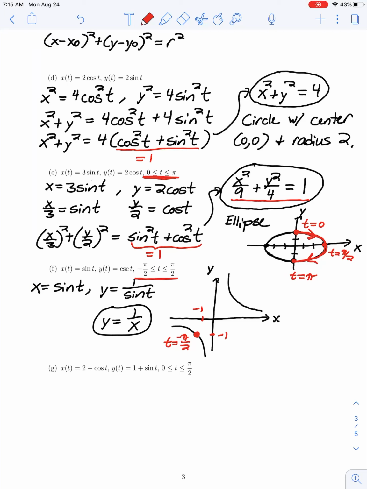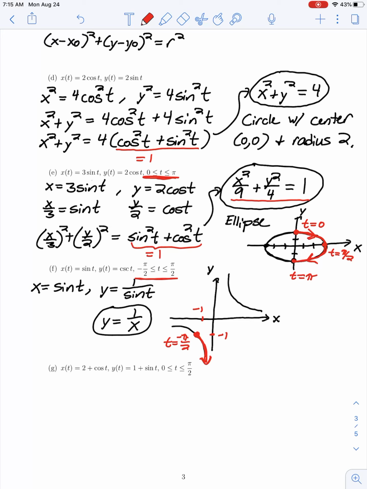And as t starts to increase from negative pi over 2 towards 0, well, sine of t is then increasing towards 0. So x is increasing. We're moving from left to right. And as x is closing in on 0, y, which is 1 over x, starts to become infinitely large, but in the negative direction, since our x values are still negative.